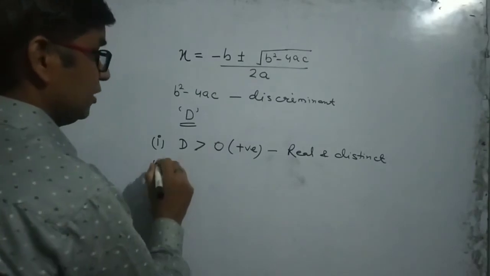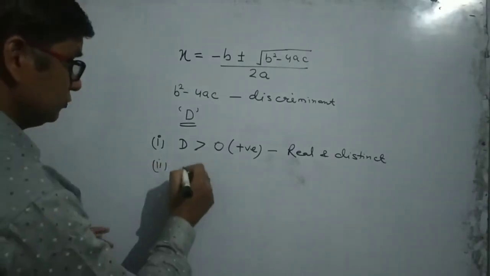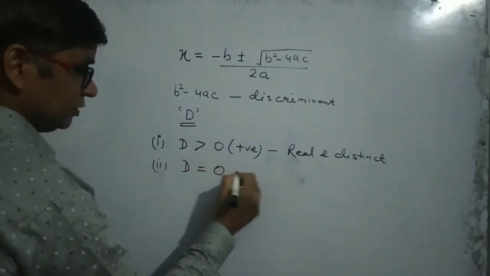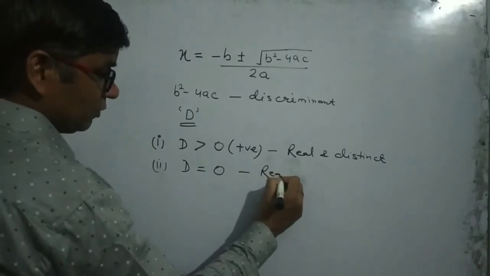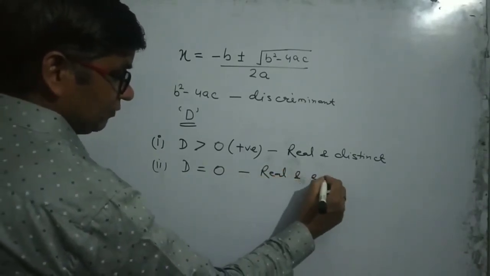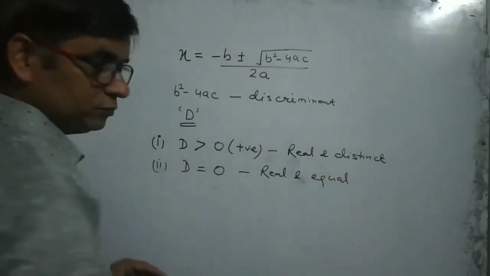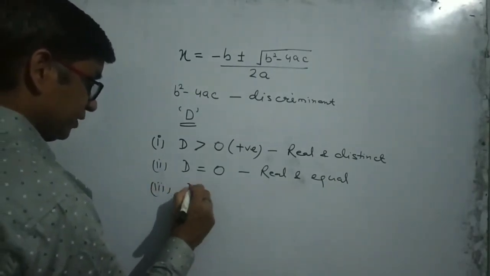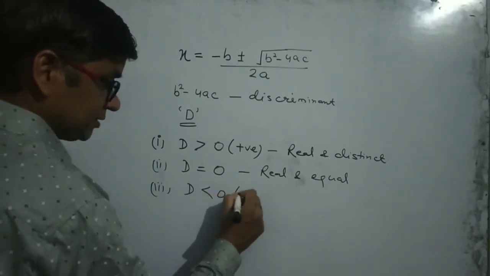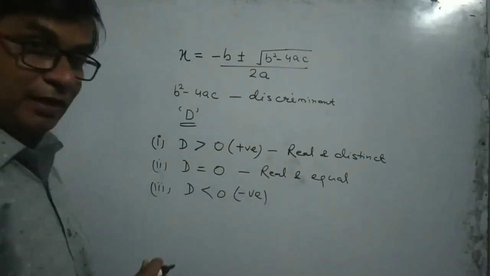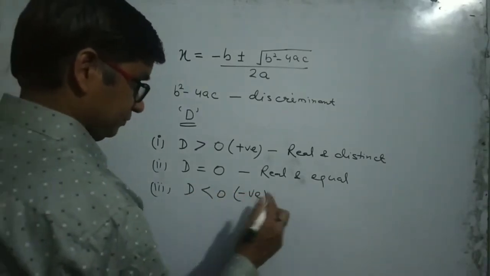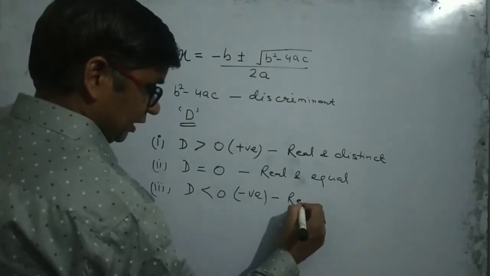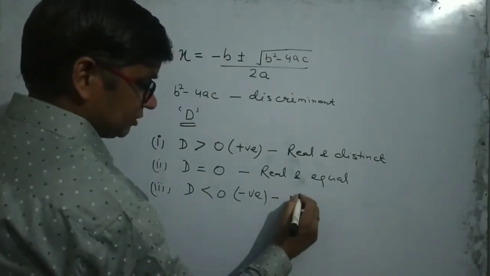Number two, if D equals 0, then the roots are real and equal. Number three, if D is less than 0, meaning we obtain a negative value of D, then no real root exists.